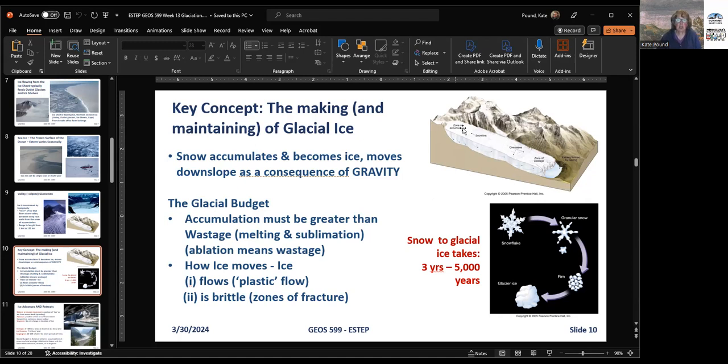Anyway, so up here in this zone of accumulation, the processes that we've talked about down there take place. And basically, once you've got enough ice, it moves down slope because of gravity. And it moves sometimes by sliding, and there are also some zones in there that fracture or break.